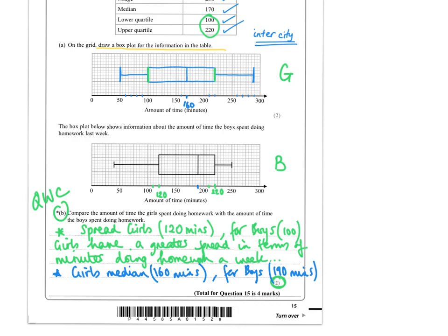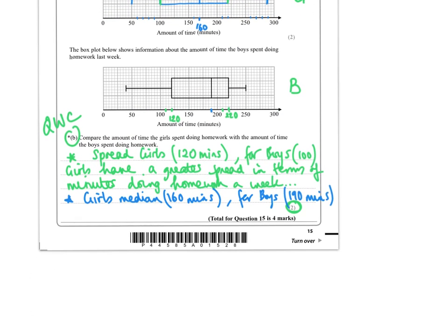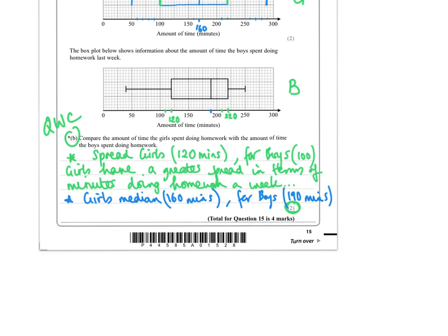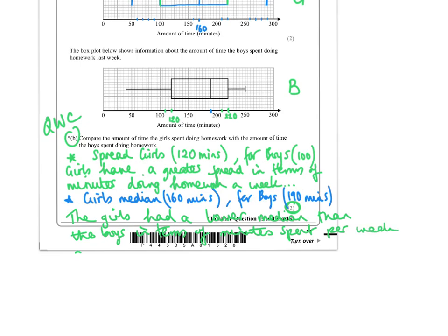So from that, you can then say that the girls had a lower median, sorry for writing over this, than the boys in terms of minutes spent per week doing homework.